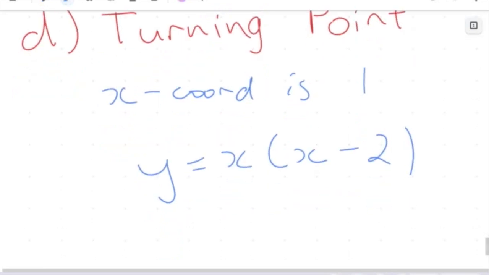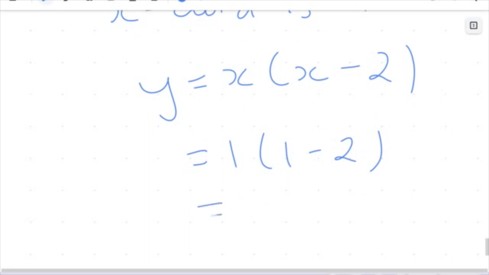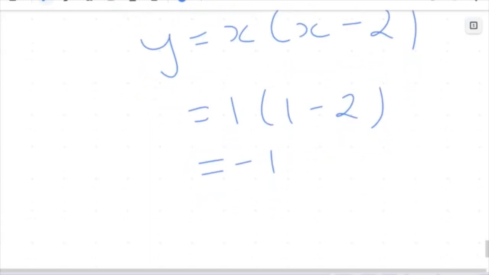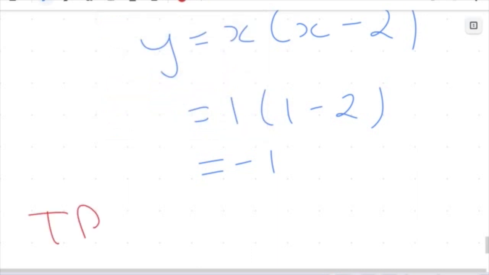So putting 1 in place of the x's here, that's going to give me 1 times 1 minus 2. Now 1 minus 2 gives me negative 1. So 1 times negative 1 gives me minus 1. So my turning point is at 1, negative 1.